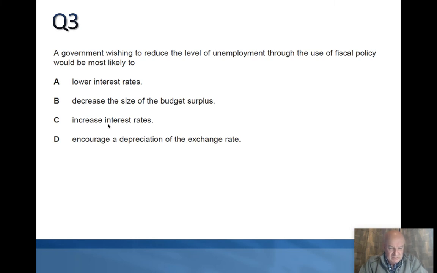So the answer would be B, a decrease in the size of the budget surplus. If we wanted to reduce the level of unemployment, we would essentially be attempting to expand the economy. And clearly, if we decrease the size of the budget surplus, where a budget surplus is where we're spending less than we've gathered, that would have the effect, hopefully, of stimulating more employment.